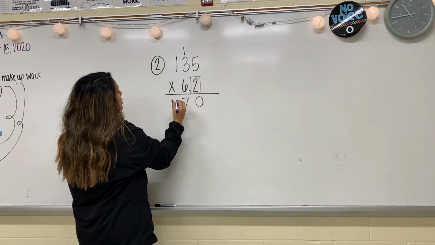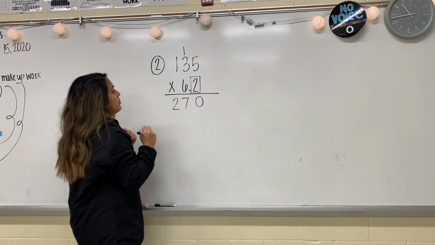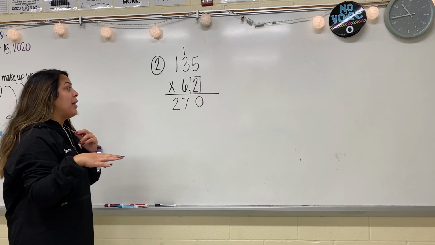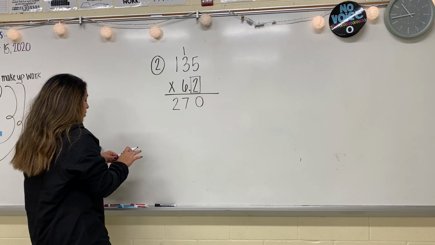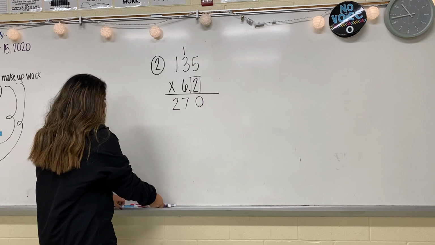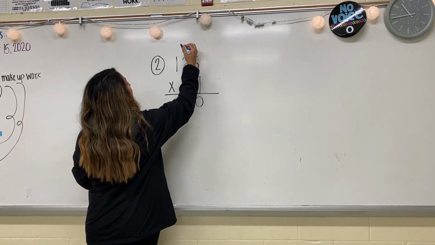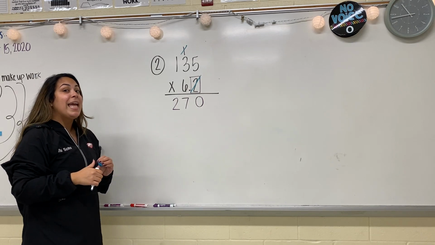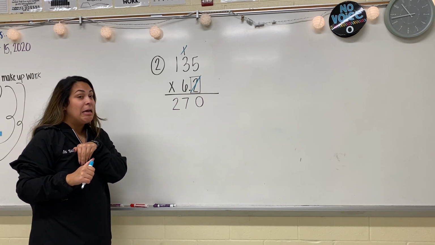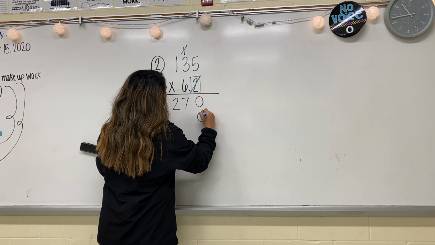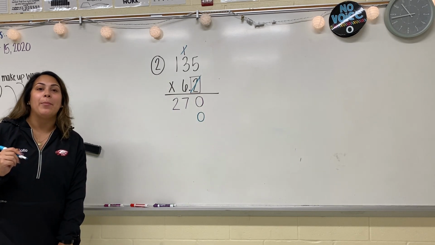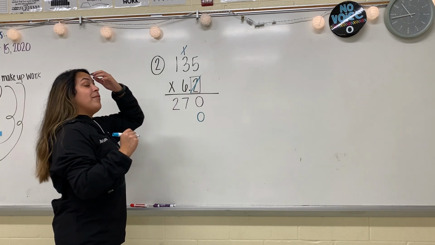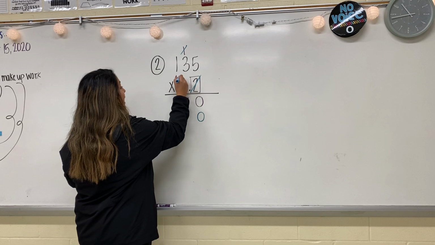And then 1 times 2 is 2. I don't have any other numbers to multiply by 2, so I'm going to move on to the next place value and mark out the numbers I don't need anymore. And then, a very important step, put my place value holder to show that I'm now moving on to the next place value.